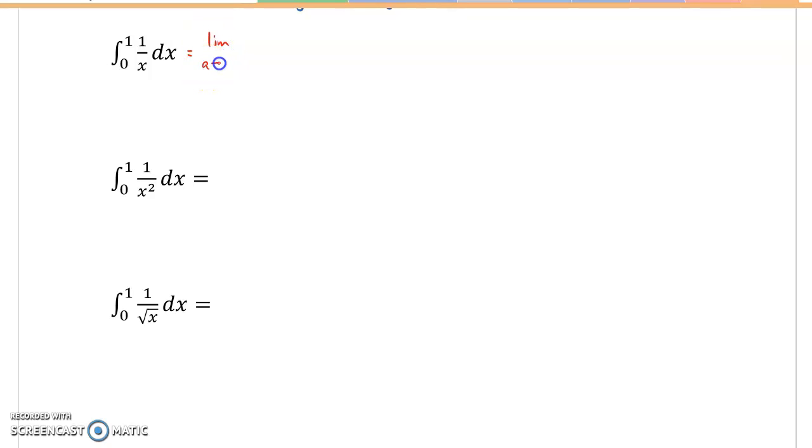So the limit as a approaches 0 from the right of the integral of a to 1 of 1 over x dx. Same integral as before, so the antiderivative is going to be the same. We have the natural log of 1 minus the natural log of a. Well, the natural log of 1 is 0, and we're going to let a approach 0 from the right.